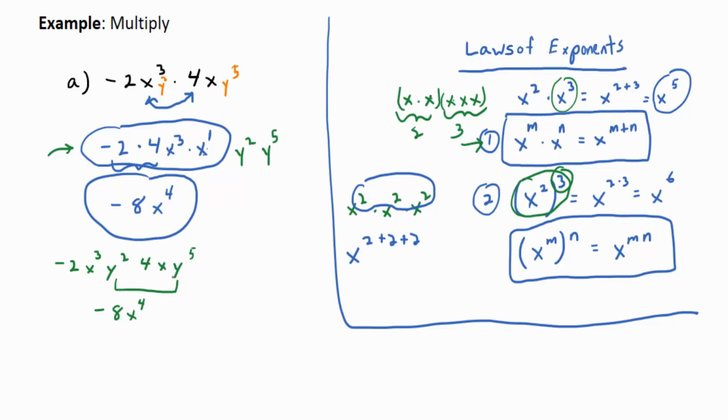Y squared times y to the 5th, you keep the base and add the exponents and get y to the 7th power. So if you throw in extra factors, that's how you handle it. You would, at least in your head, group those factors with like bases together and use that law of exponents that says when you multiply like bases, you add the exponents.